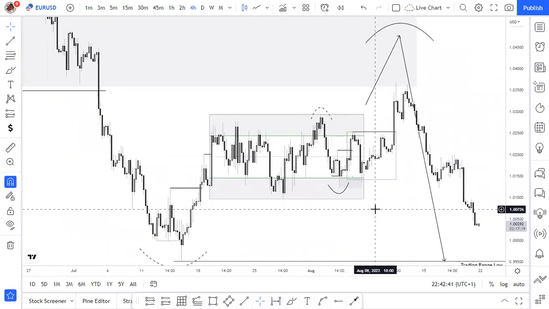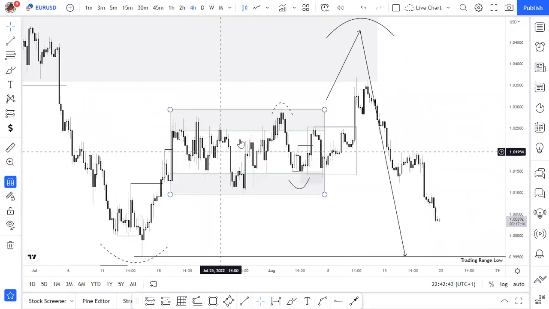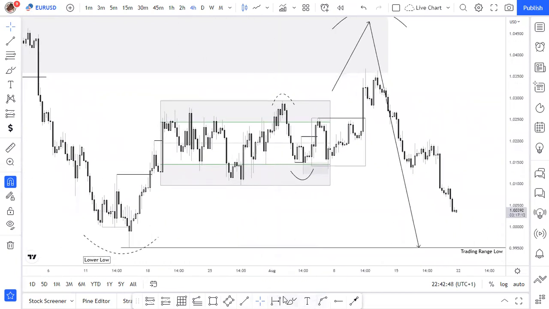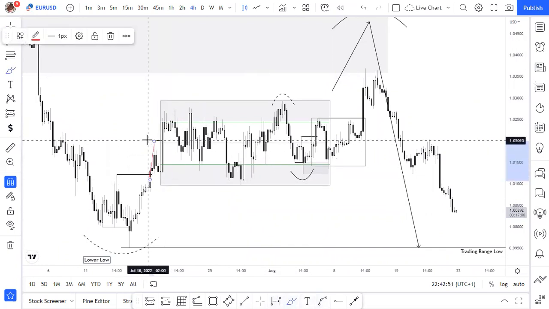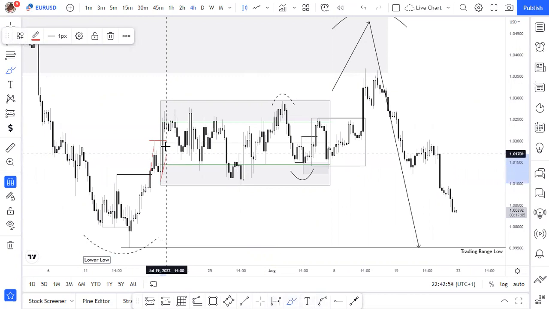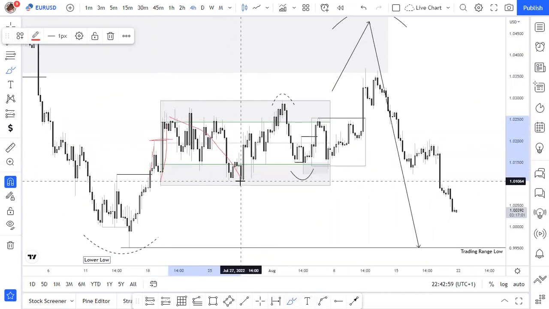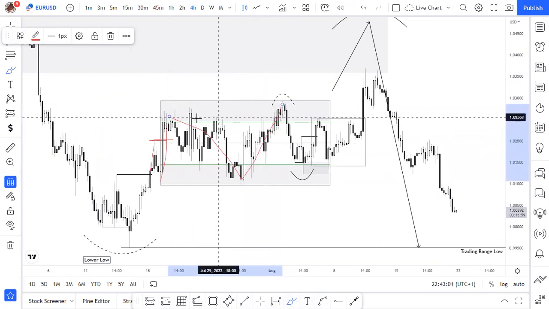So now, if we look at it from this structure, we can say that this was our low. Because now we had a break of structure here, price pushing up, breaking the structure, then price pulling back, and then another push up again.